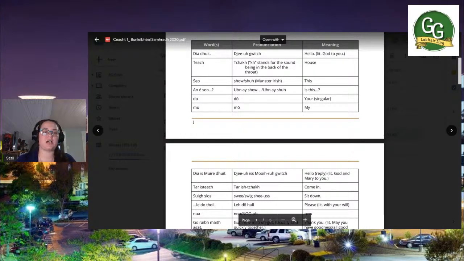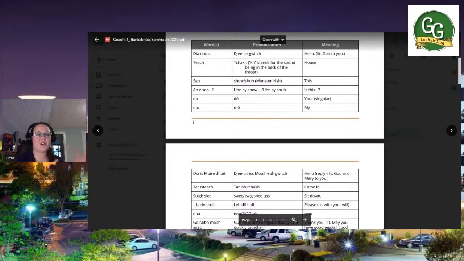So notice that Gia is the D with the J sound because it's next to an I. And then the next word has a lenition, so it has the séimhiú, the H. So you have D-H there. Normally it would be "duit." So "duit" means to you. But because it's after Gia, it has the H there. So DH becomes that guttural G in the back, because it's next to a U.